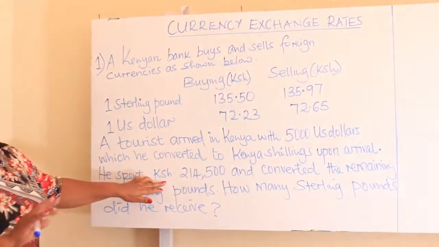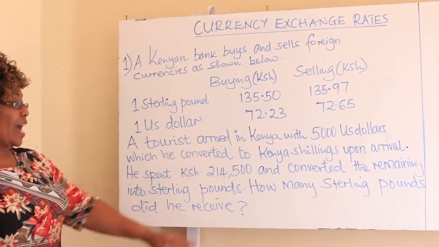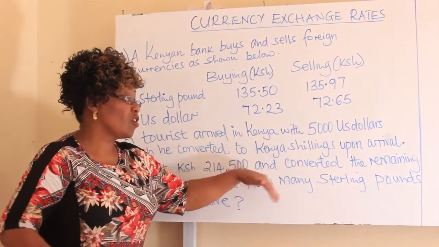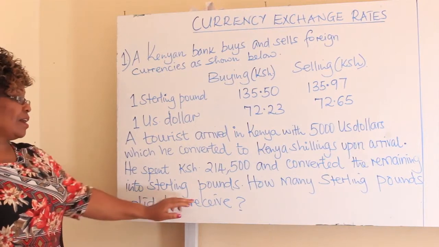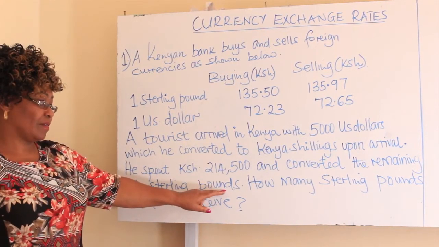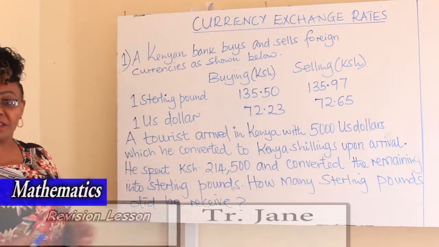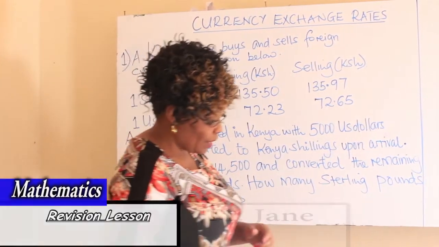After converting, he spent this amount and converted the remaining. So there was some remaining. He converted the remaining Kenya shillings into sterling pounds. How many sterling pounds did he receive?